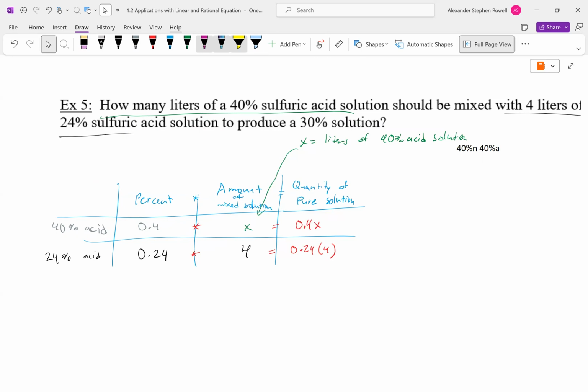So what's it asking for? We want this to produce a 30% acid solution. Add them. Okay, so if we add them, then that gives me the total pure acid combined in the mixture.